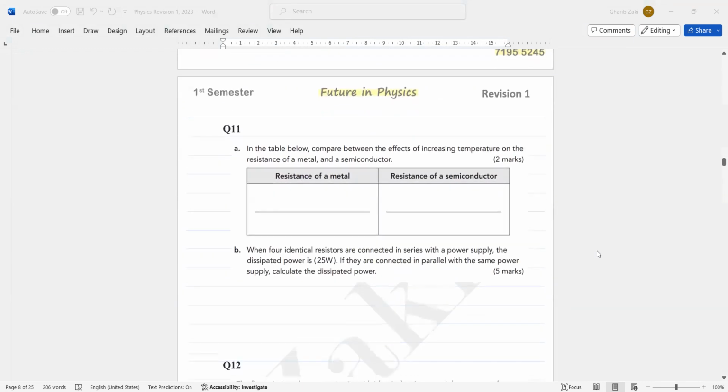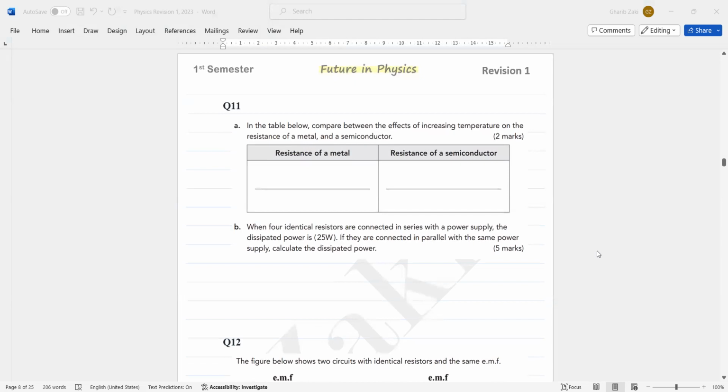Go ahead, please. In this table below, compare between the effects of increasing temperature on the resistance of a metal and a semiconductor. Try to solve it, please, and also solve part B. Now, the resistance of a metal increases as the temperature increases.